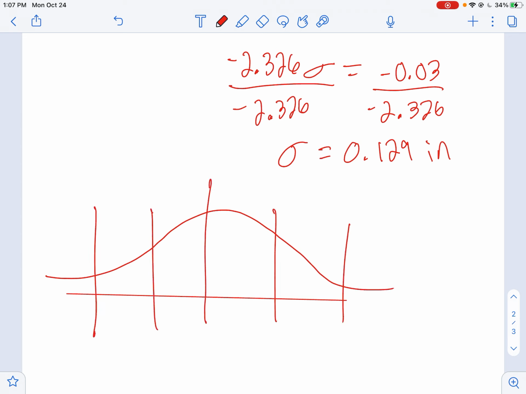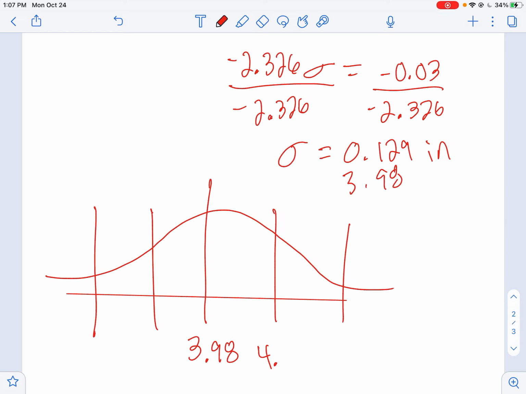So I'm going to go with 3.98. I'm going to add that 0.129. So I'm just going to do some quick math here. 3.98, I'm doing this in my head. I probably really shouldn't be, but I'm too lazy to take out the calculator again. I'm not going to lie to you.